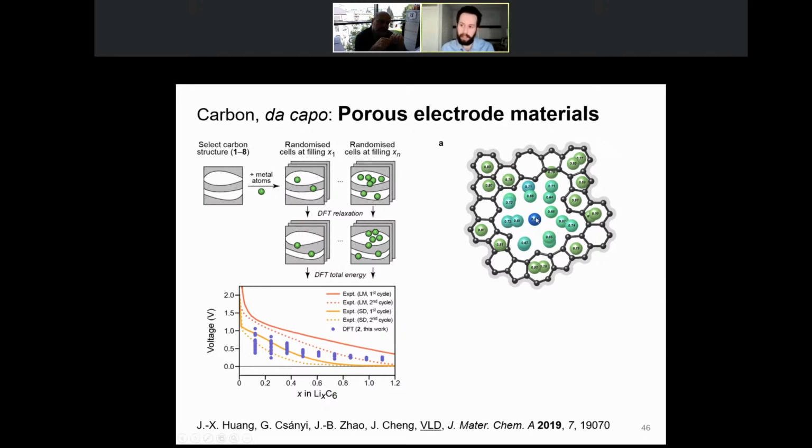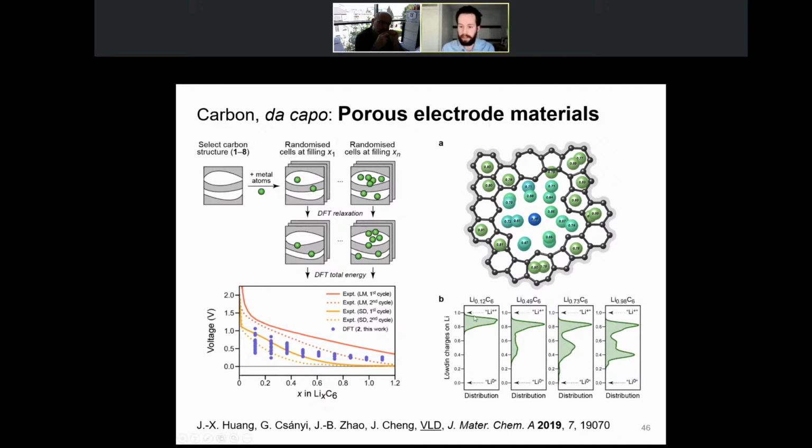We can study that now with DFT calculations. This is a histogram of charges as we put more and more lithium into our disordered carbons. At low lithium filling, almost all the atoms are in a lithium-plus-like configuration. Then if you add more and more lithium, you start to see these more metallic environments. This fits quite nicely with what people have observed in NMR.